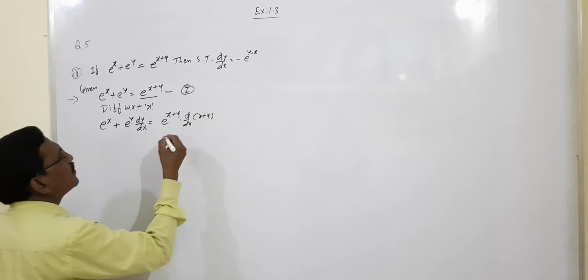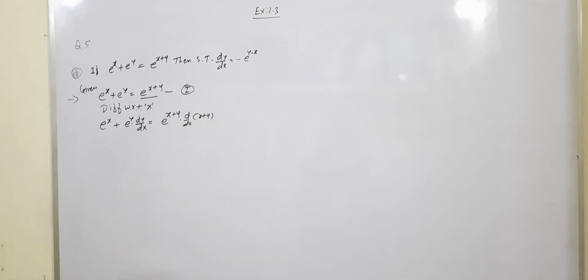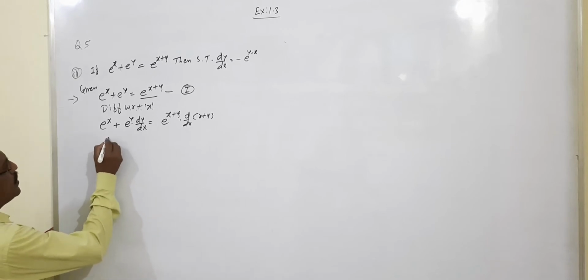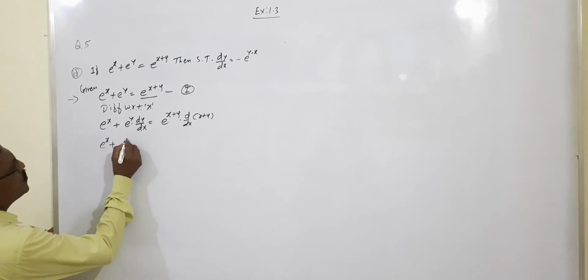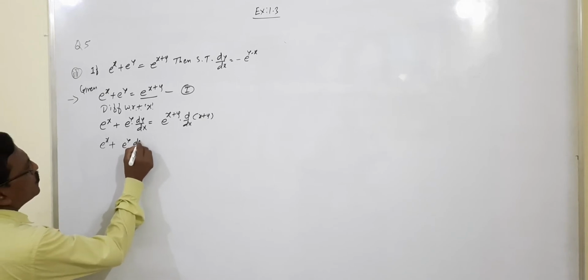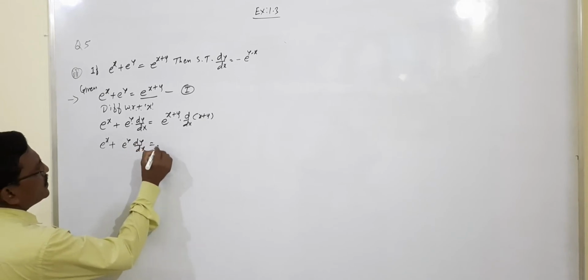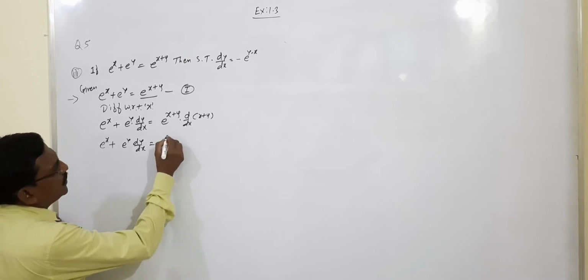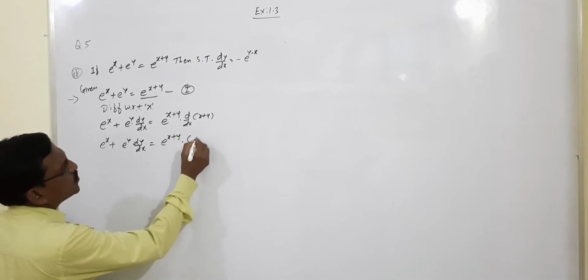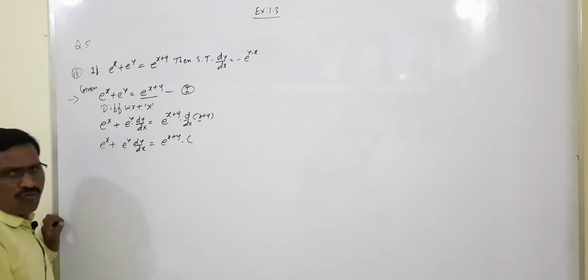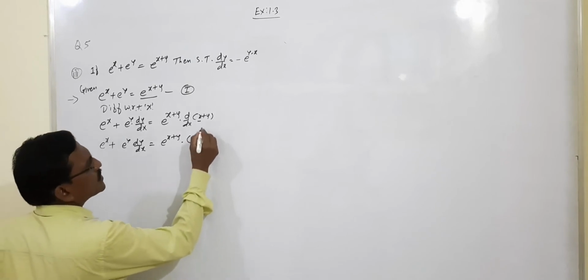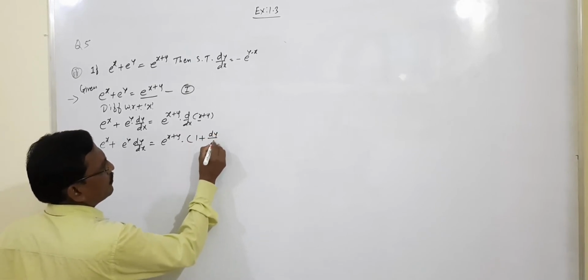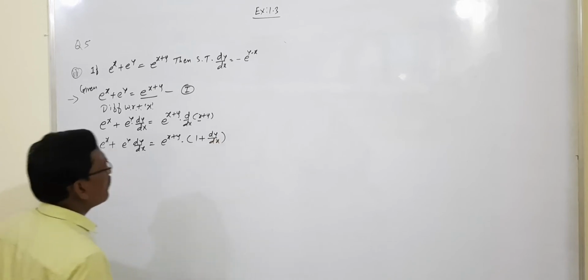It is the composite function. Now e raised to x plus e raised to y into dy by dx is equal to e raised to x plus y as it is into derivative of x with respect to x is 1 plus derivative of y with respect to x is dy by dx.